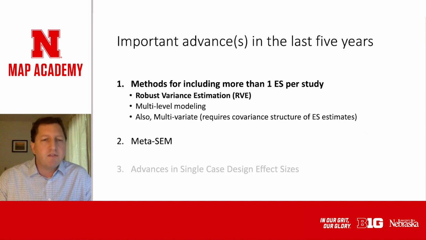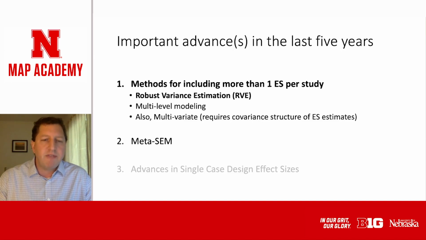And there are these new methods, robust variance estimation and multi-level modeling, that some researchers, statisticians and methodologists have developed as solutions for us, so that we can now include more than one effect size per study. And I'll talk about why that's important. And then, meta structural equation modeling. I'll talk a little bit about what that can do for us.